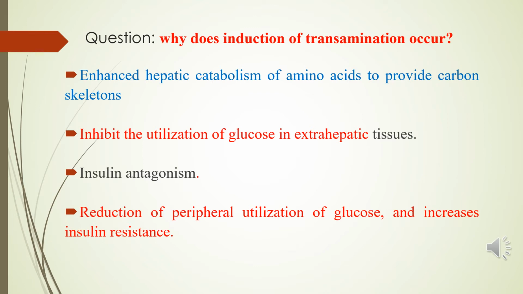The question now is, why does this occur? And we mean induction of transamination and production of the amino acid carbon skeletons. During periods of infection or surgical operations or prolonged bed rest, we have the glucocorticoids or the 11-oxysteroids secreted by the adrenal cortex, and also their synthesis is upregulated in adipose tissue.